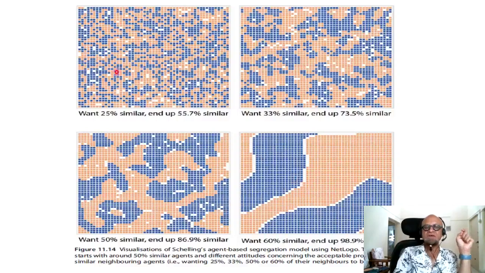So when you have a random distribution of one type of group with intermixed different types of agents, in this case with 25%, the patterns begin to emerge when you allow 33% of the neighbors that are not just like us. You raise it to 50%, and then you have 60%.